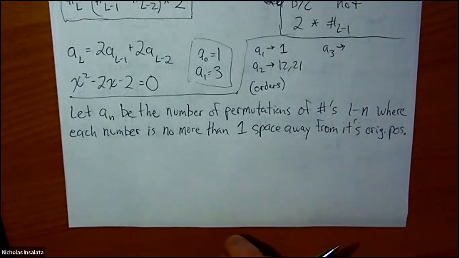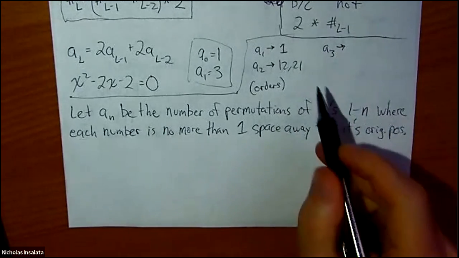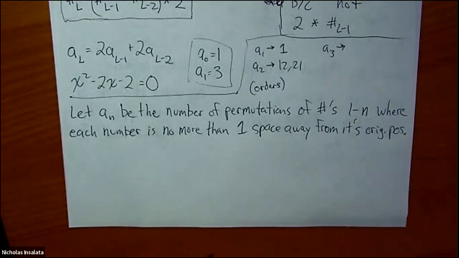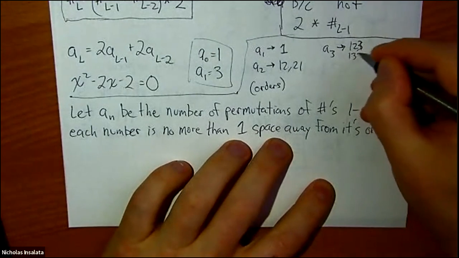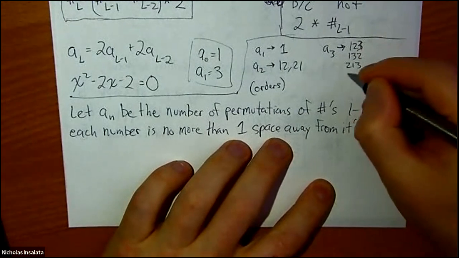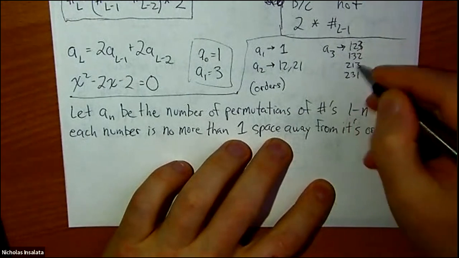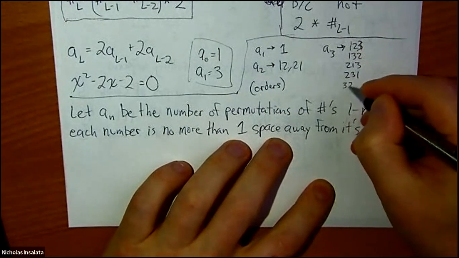Let's list out all of them, and then we'll strike through the ones that don't follow the rule. So what are all the possibilities for A3? 1, 2, 3; 1, 3, 2; 2, 1, 3; 2, 3, 1; 3, 1, 2; 3, 2, 1.